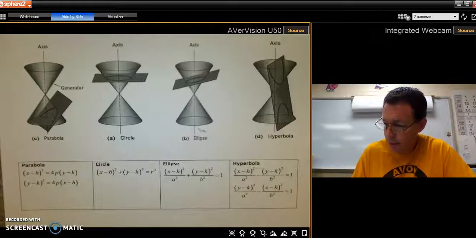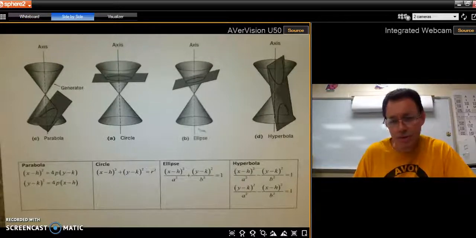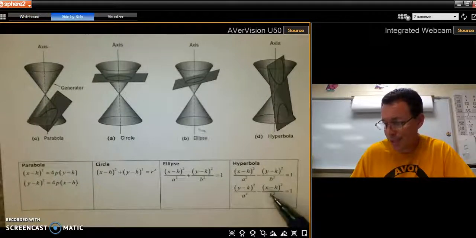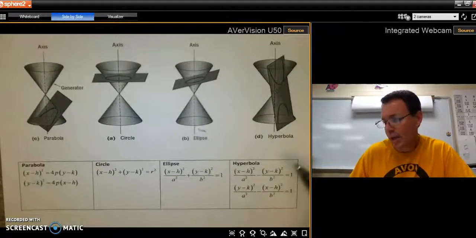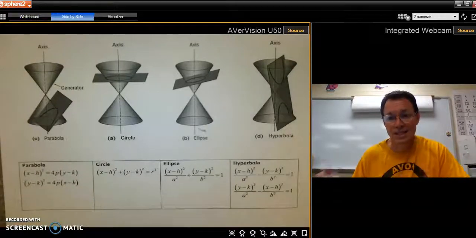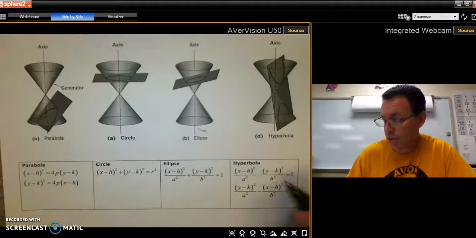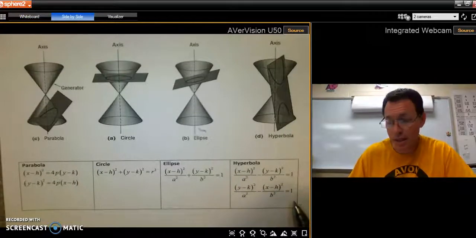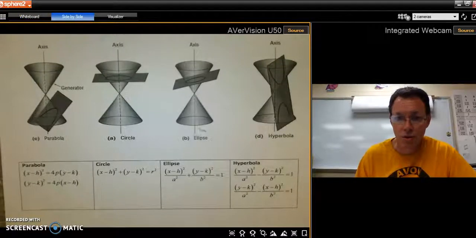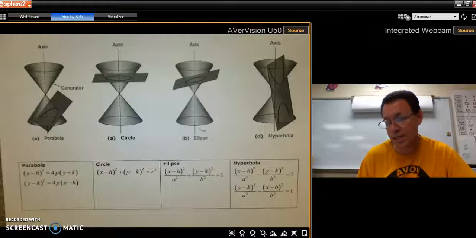We'll talk about what could make an ellipse look different. And then there are two equations for a hyperbola. Like a parabola, a hyperbola could go up and down, like this one is, or it could go side to side, and so there's a different formula for that. Yes, you will have all these formulas. You'll have this little formula sheet when we take tests over these. But we're going to talk about them one at a time.